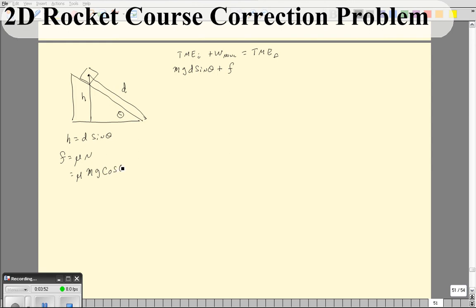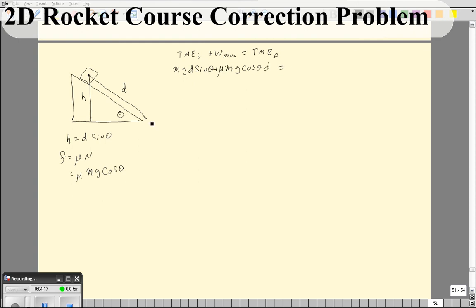If you need a refresher on that, you can go to video 8. So the friction force is going to be mg cosine theta times mu. That's the force. And then, remember, work is force times displacement. It's going to be the distance d down the hill.